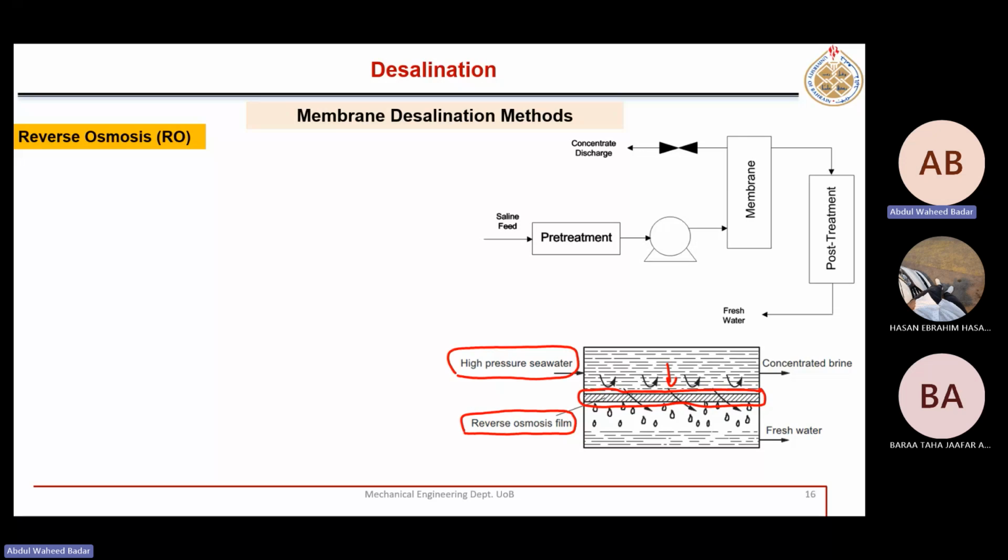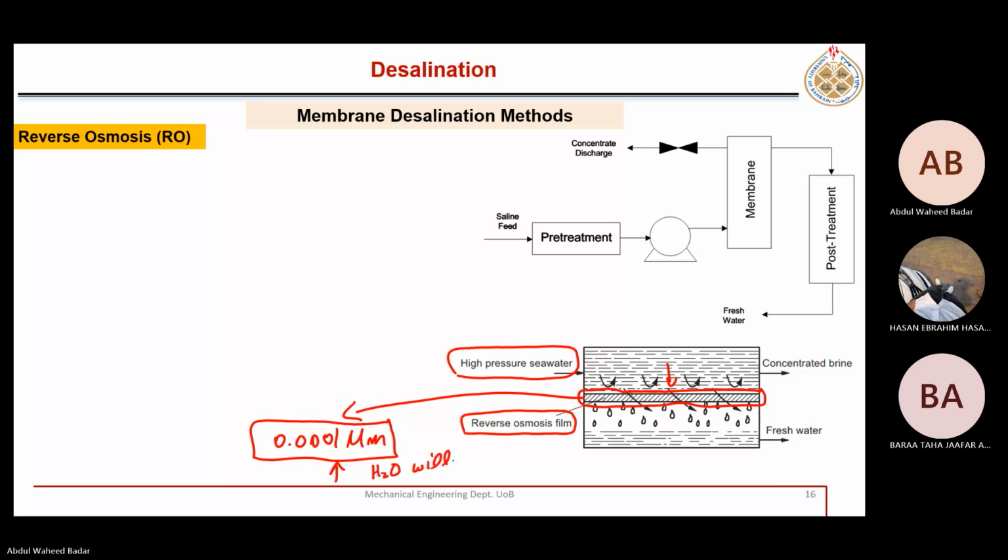Permeable means these membranes have very, very small holes, maybe in the range of 0.0001 micrometer. These membranes are made up of some special polymeric materials, and this hole size is so small that only pure water will pass through.